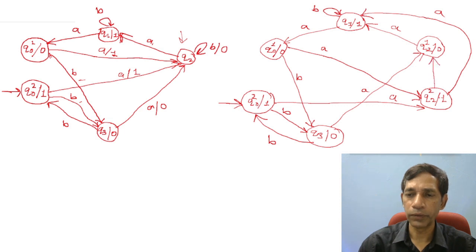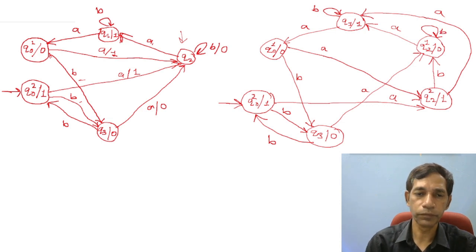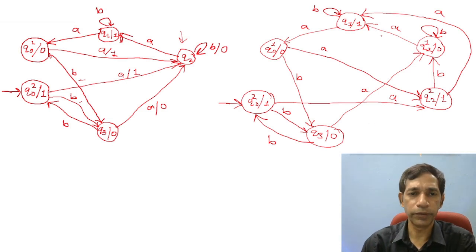From Q2 second copy you should go to the first copy of this Q2 state which produces the output 0, and this is for the B. And at the first copy of the Q2 state we have a loop for the B. So these 2 copies are joined because there is a loop, so we can join the 2 copies of the state Q2. Now we have done everything.